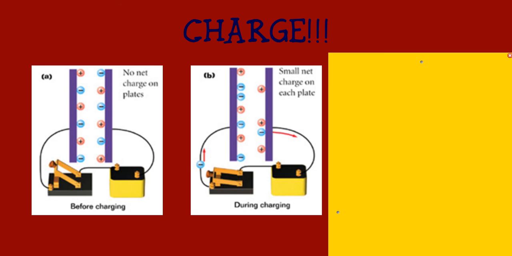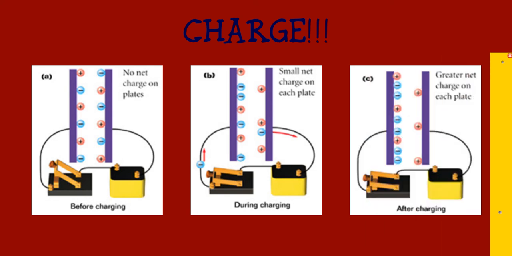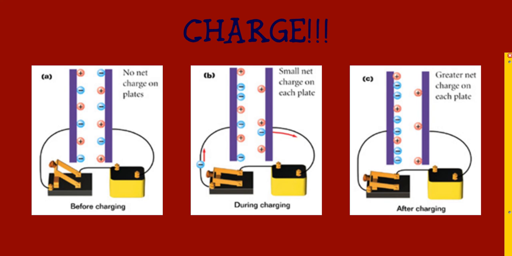But then, as time goes on, it is harder and harder to give those electrons enough energy to accumulate on one of the two plates. I'll also point out that these electrons are moving from one plate to the other. That means what one plate has lost, the other one has gained, so they'll have equal charge. In the final situation here, this capacitor is now fully charged.